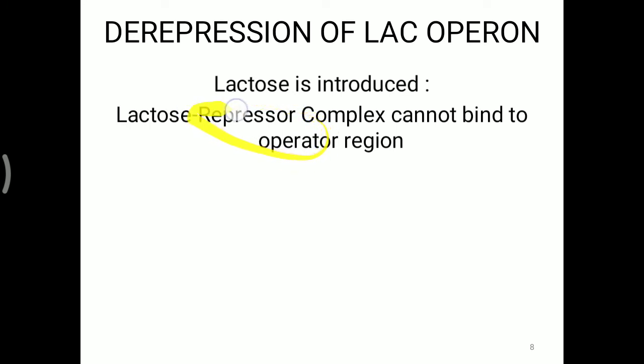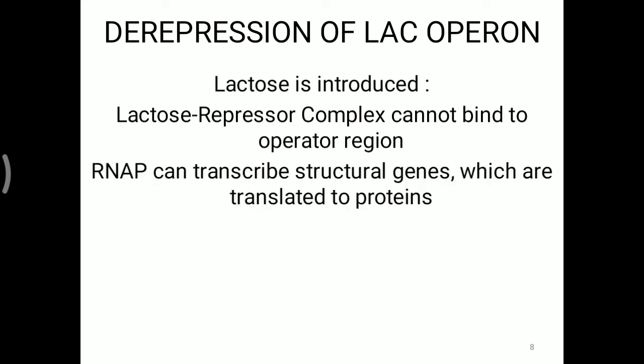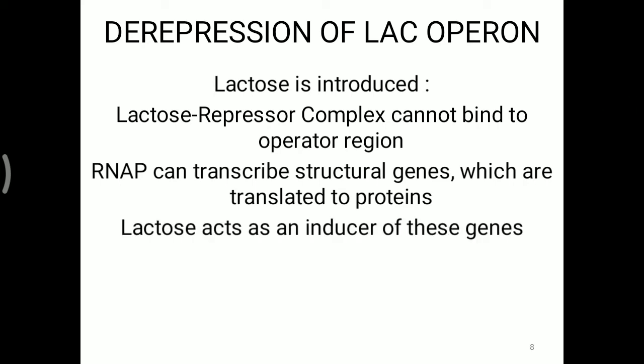The repressor molecule alone can bind over the operator region, but this lactose-repressor complex is not able to attach over the operator region. So RNA polymerase can transcribe the structural genes, which are translated to the proteins or enzymes needed for lactose metabolism. So lactose acts as an inducer of this gene. In the presence of lactose only, the ZYA genes are induced or expressed.